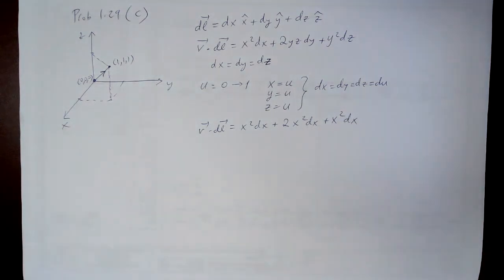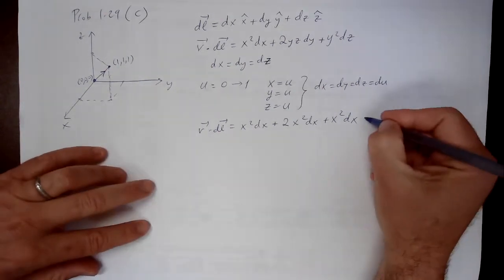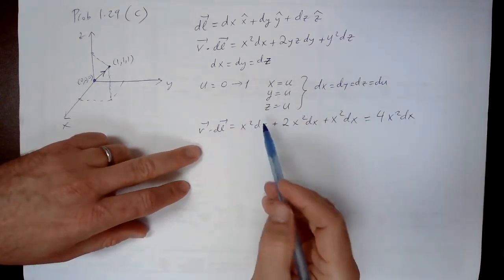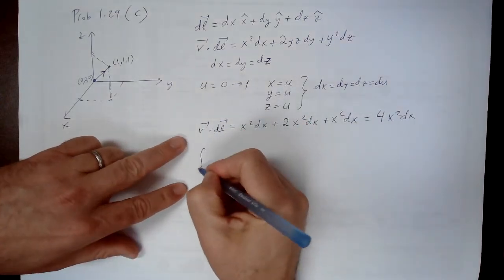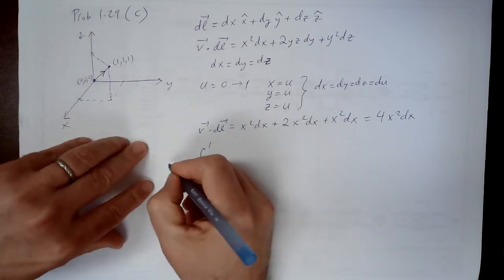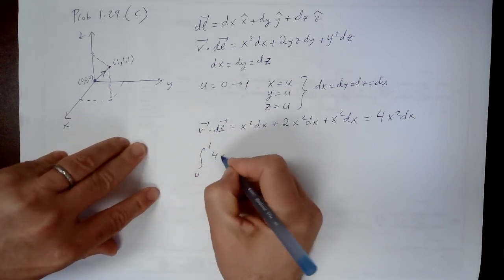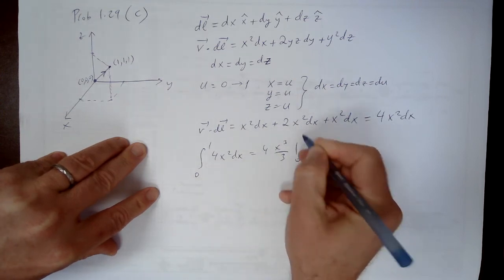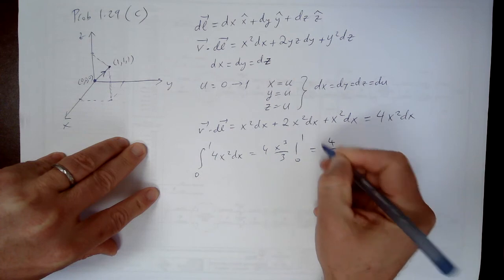If you add them all together, that's 4x squared dx, and x goes from 0 to 1. So we just do the integral from 0 to 1 of 4x squared dx, which is 4x cubed over 3, from 0 to 1, which is 4/3.